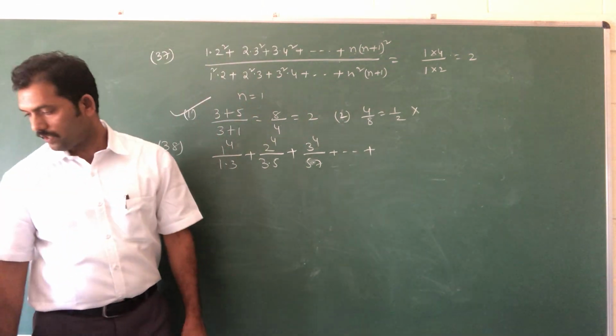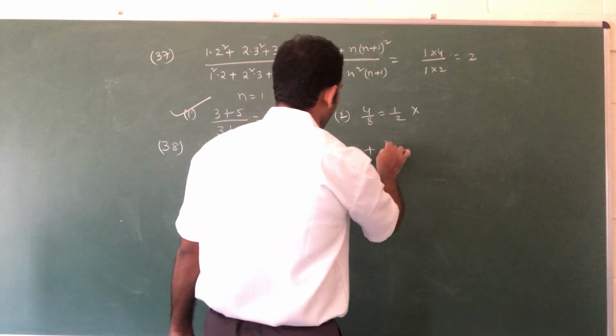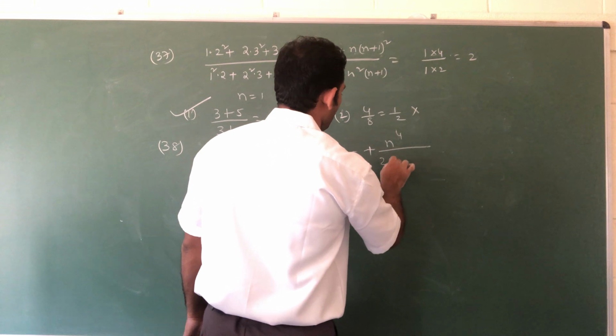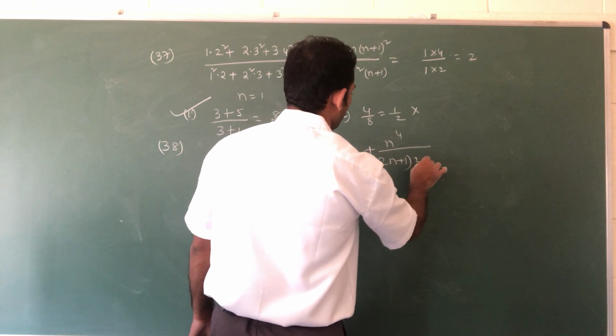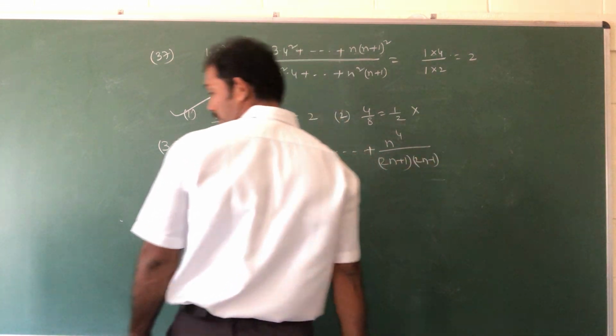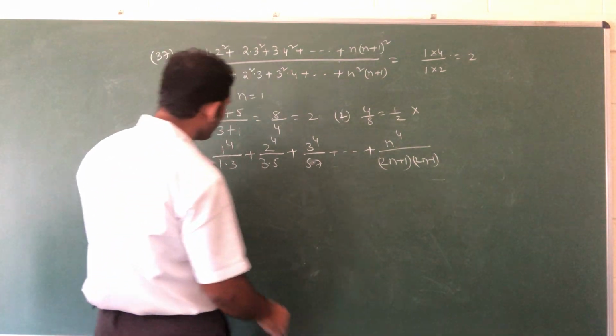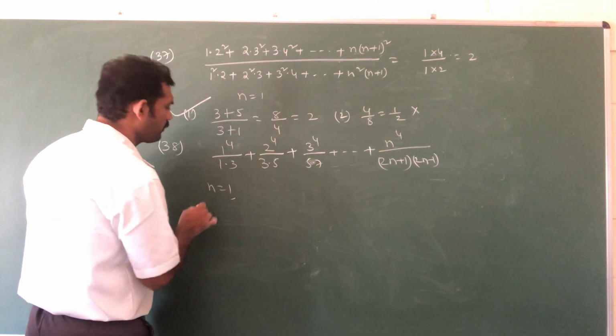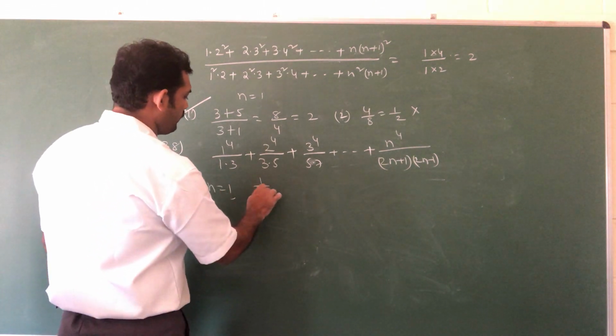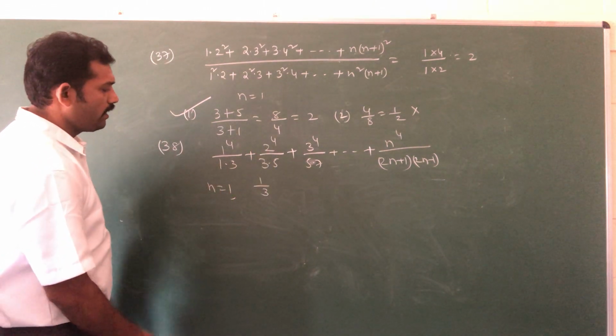What are we getting as that value? n/4 divided by 2n plus 1 into 2n minus 1. So substitute n is equal to 1. What happens to that value? 1/3. n is equal to 1, substitute, that value is 1/3.